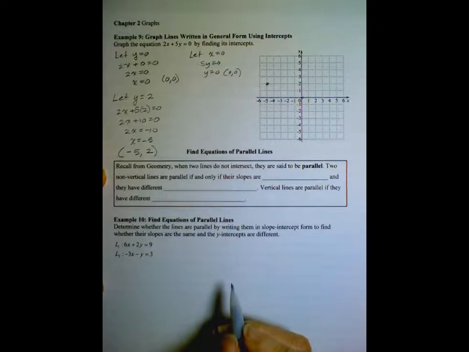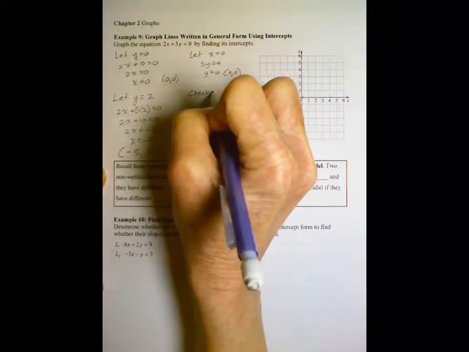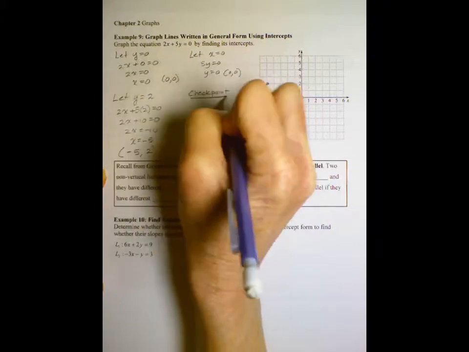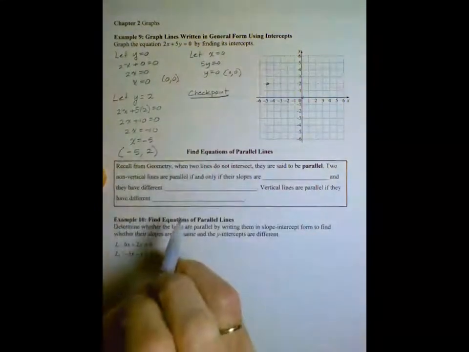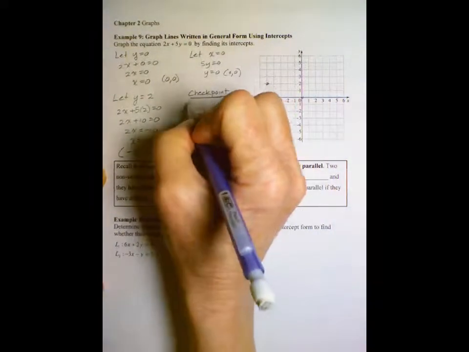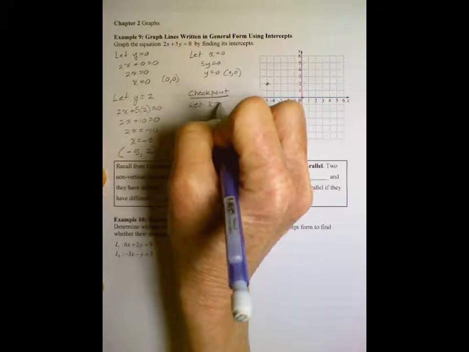However, it's good to do a checkpoint. So let's get a checkpoint. This was our second point because we only got one from plugging in 0 for x and y. So we need a checkpoint. And for the checkpoint, I'm going to let x be 5.